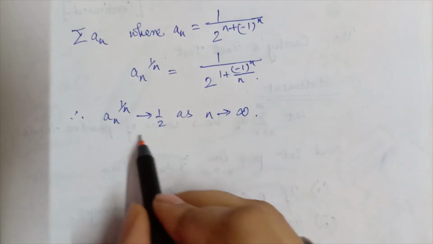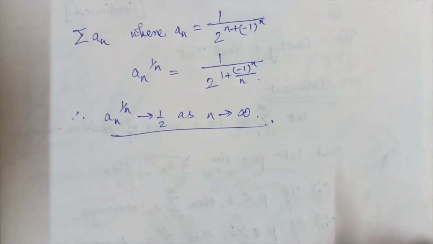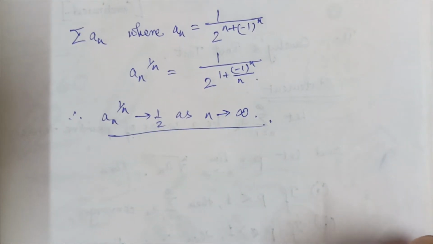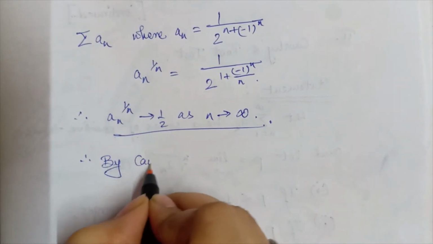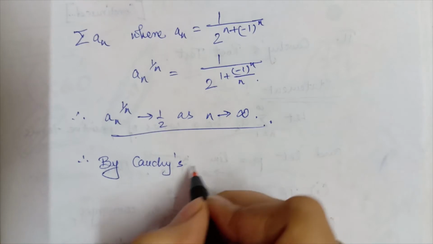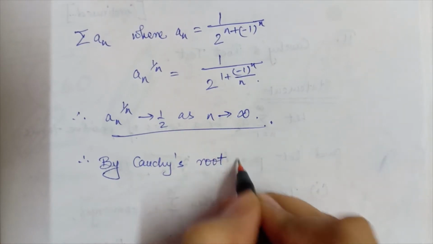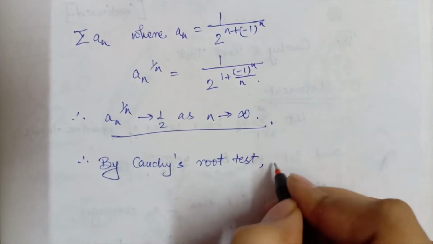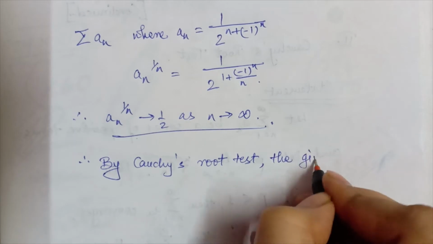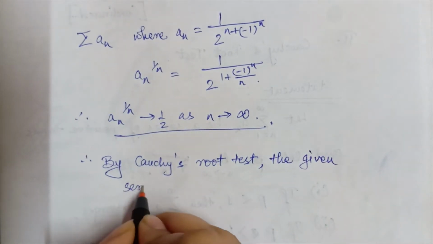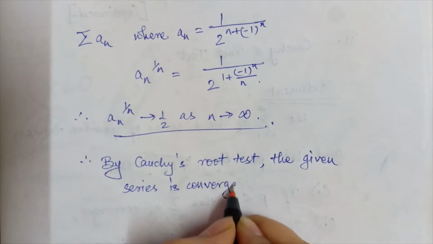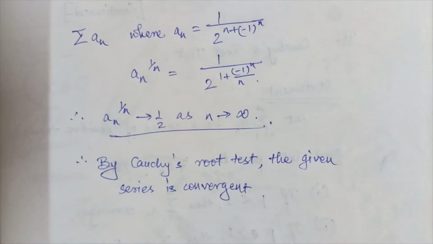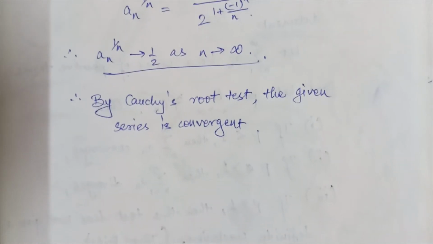So this limit exists and the limit is less than 1. So by Cauchy's root test, the given series is convergent. Here our second test ends.